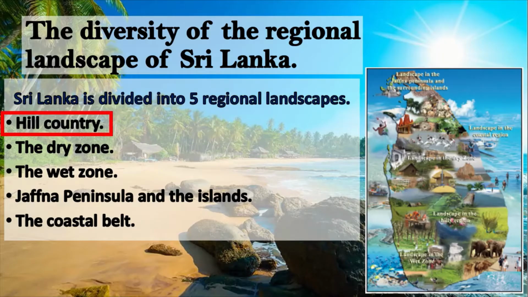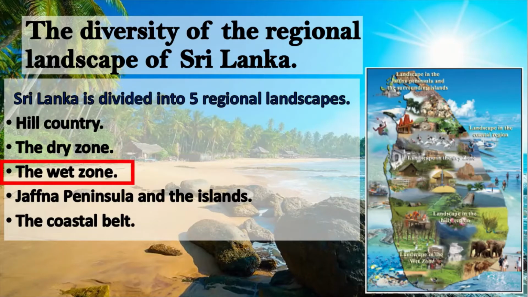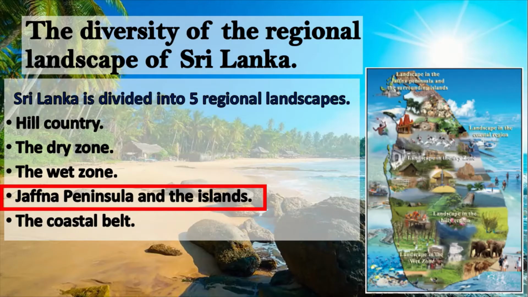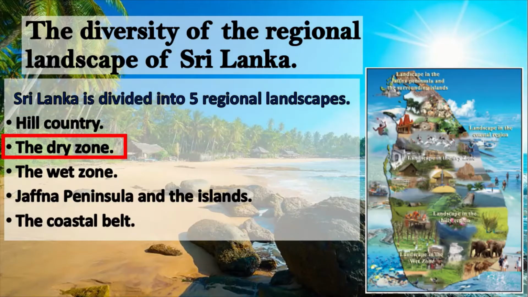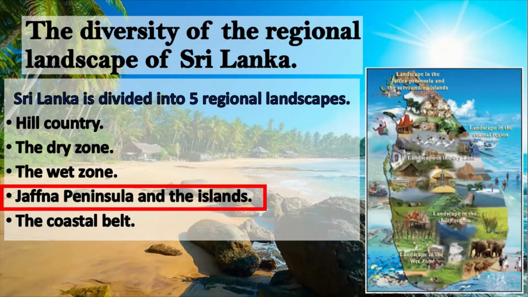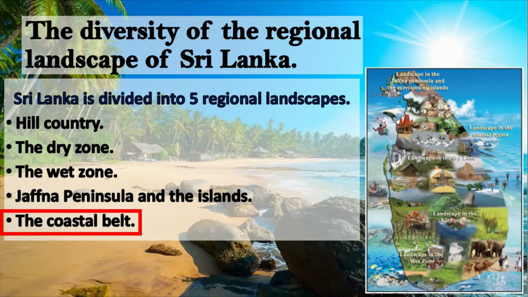They are hill country, the dry zone, the wet zone, Jaffna Peninsula and the islands, and the coastal belt. In this map, you can see these 5 regional landscapes.